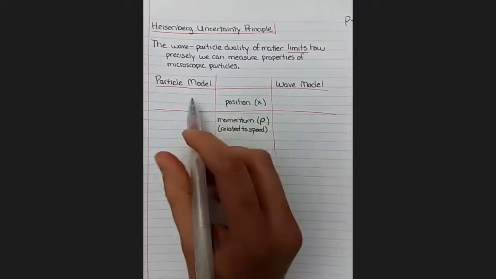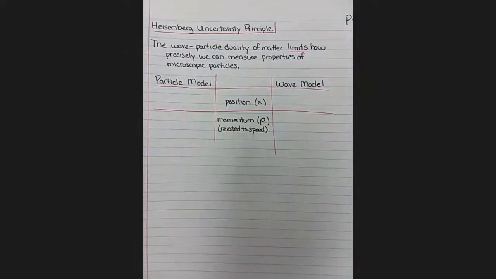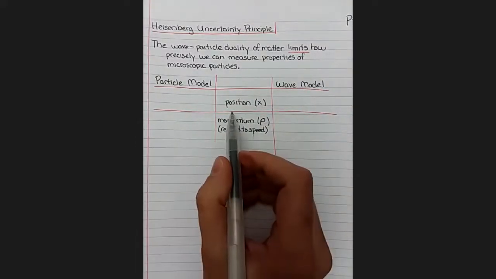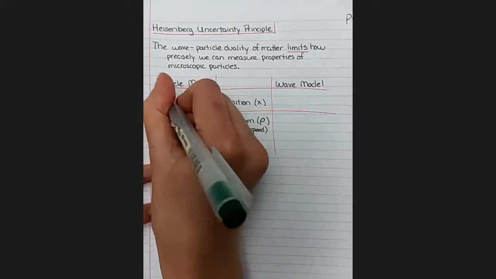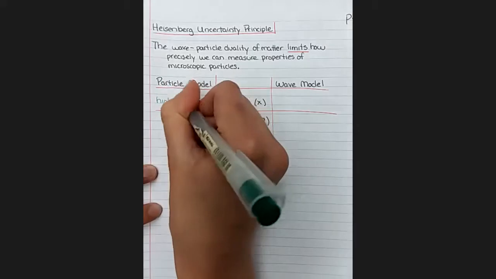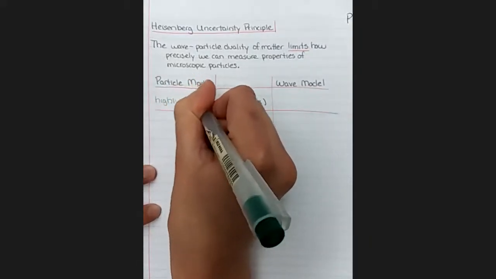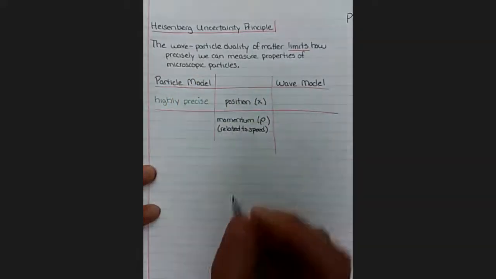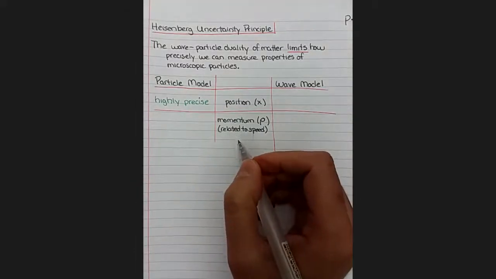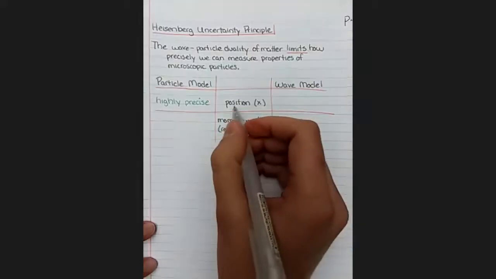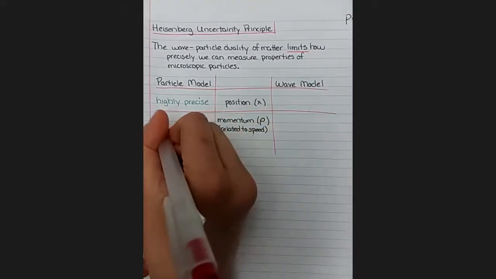So, for example, take the particle model. If you were to model an electron like a particle, it's very easy to determine the position of a particle. So you would be able to measure this, and your measurement would be highly precise. However, it's very difficult to measure the momentum of a moving particle. It's much easier to measure the position than the momentum.